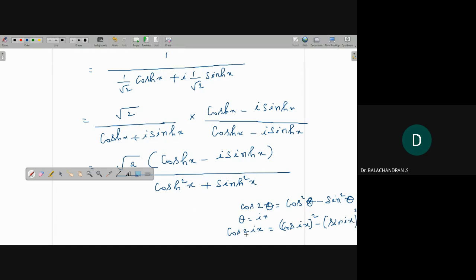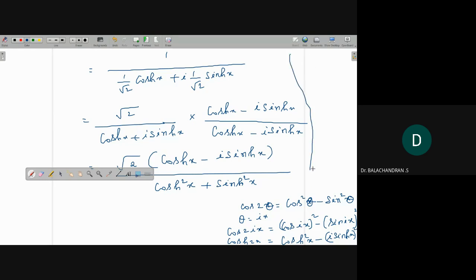Cos ix is cosh x, so cosh square x, minus i sinh x whole square.